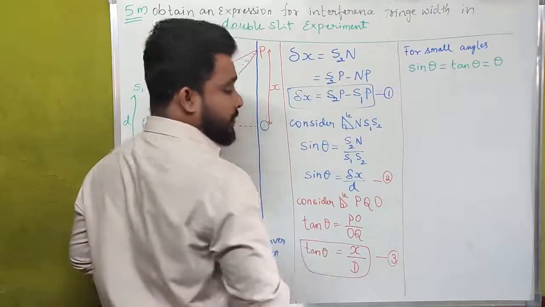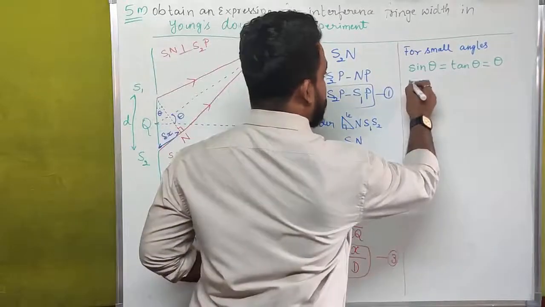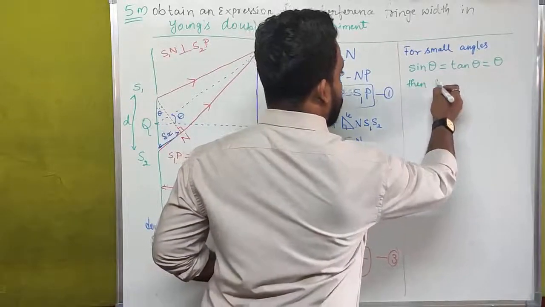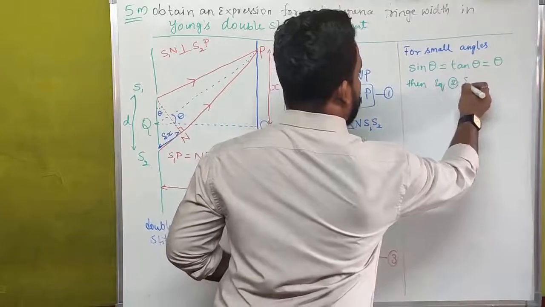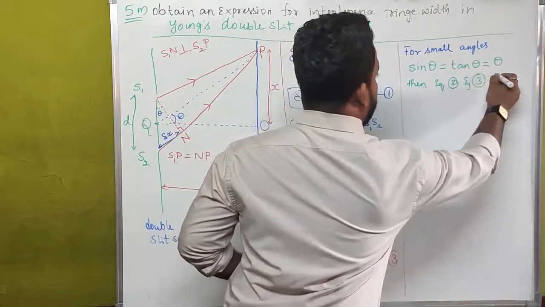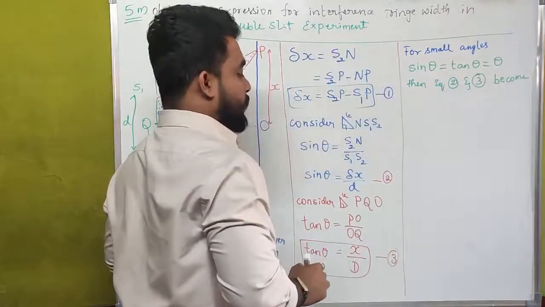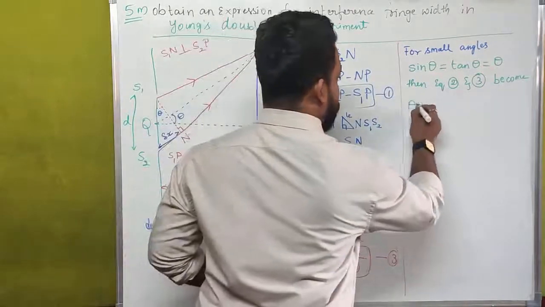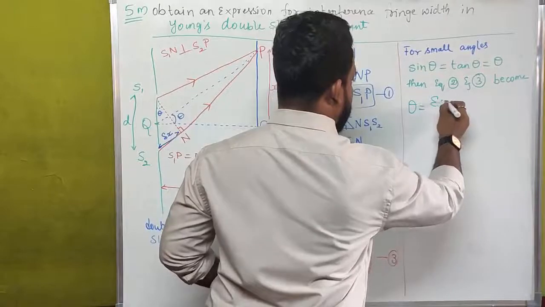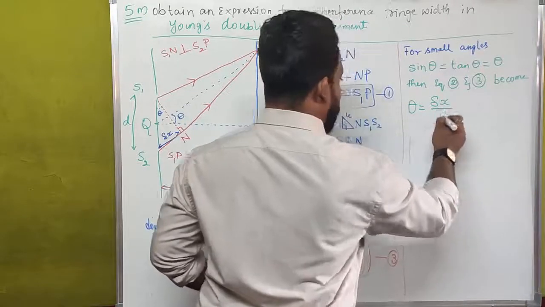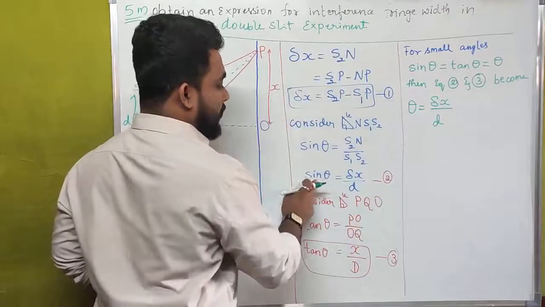Then what do equations 2 and 3 become? Theta is equal to delta x divided by small d. This is sin theta, and sin theta has become theta.